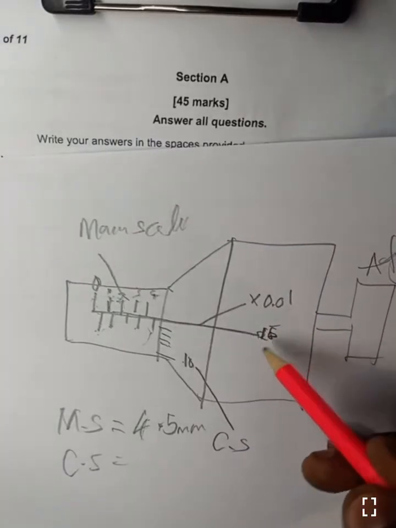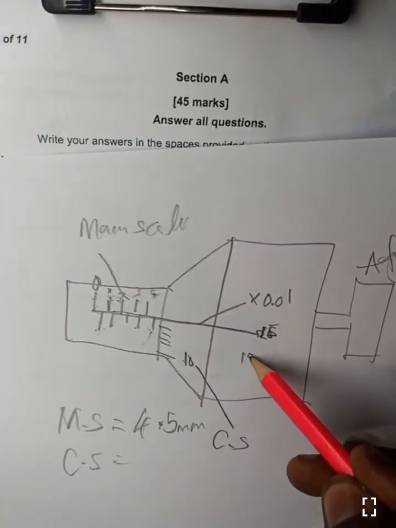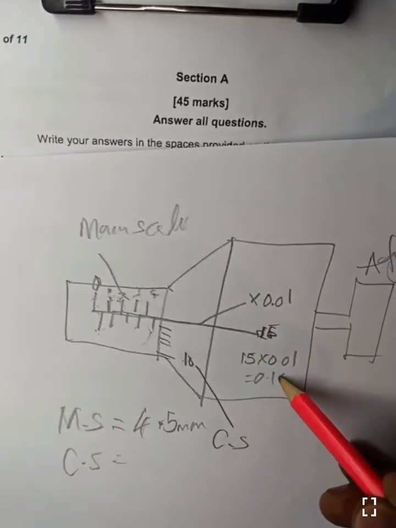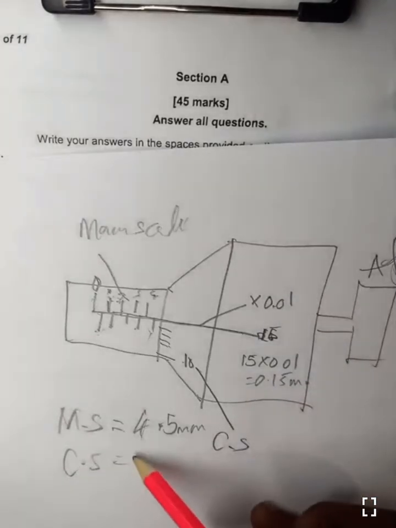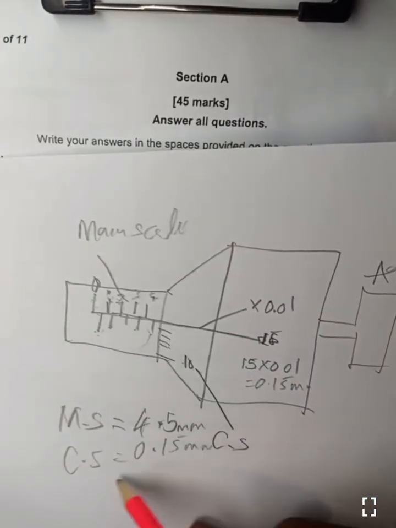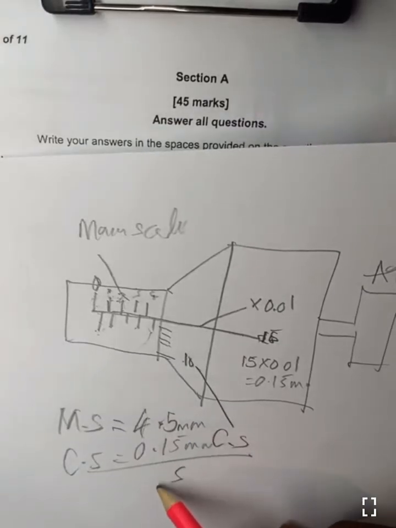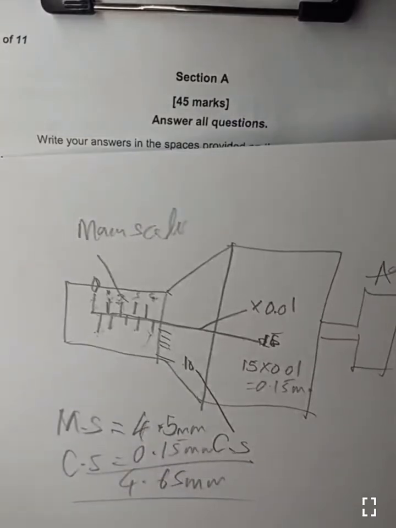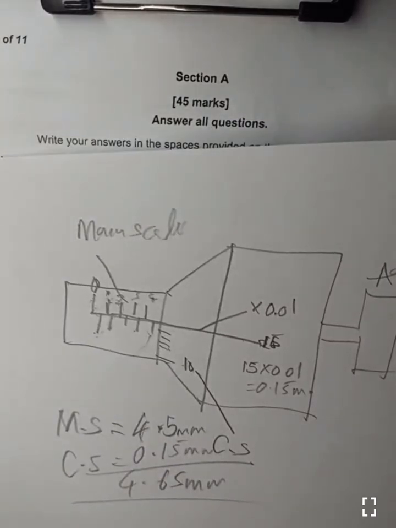So we have found this 15 here, right? We say 15 times 0.01, we get 0.15 millimeters. That's the circular scale, 0.15 millimeters. What do we do? We add, and the total is 6.4 millimeters.